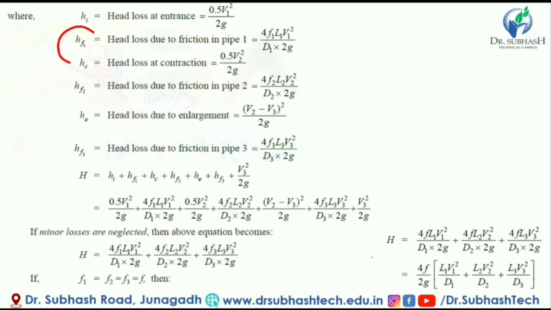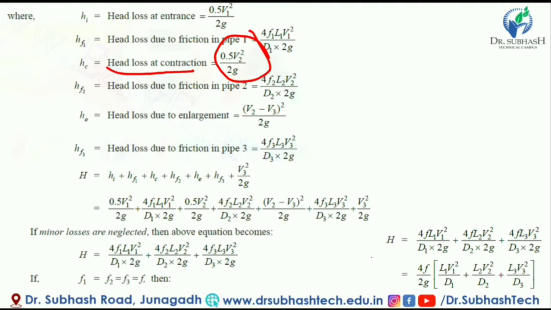HF1 is the friction loss, which we find by the Darcy formula: 4FLV square upon 2GD. Here the friction is for pipe 1, so F1, L1, V1 and D1 correspond to pipe 1. HC is the head loss due to the contraction. We know how to get the contraction loss.